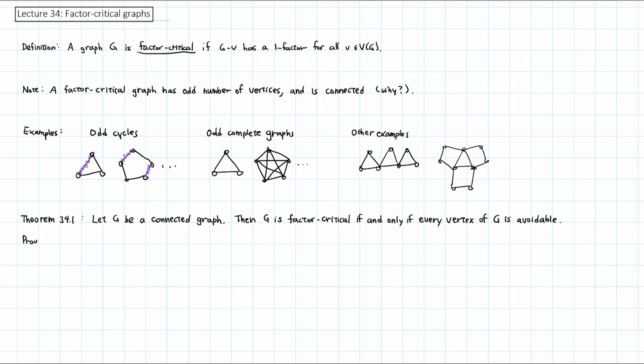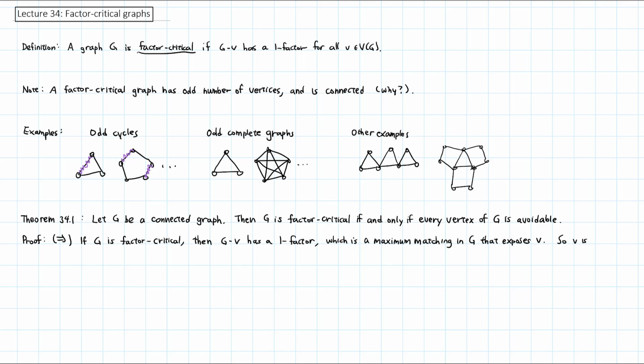And here is our proof. In the forward direction, if G is factor critical, then G minus v has a 1-factor, which is a maximum matching in G that exposes v. So v is avoidable. In the other direction, we suppose that every vertex is avoidable. From this, can you say what is a Tutte set in this graph?